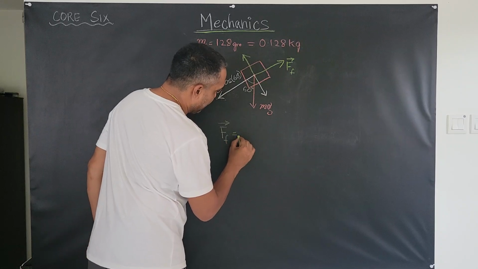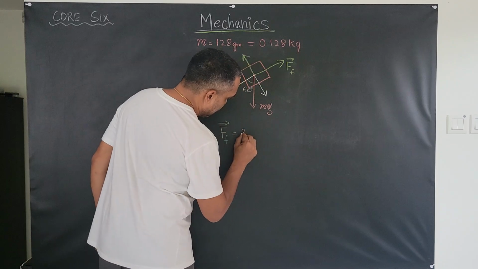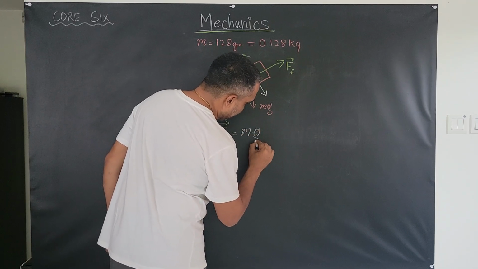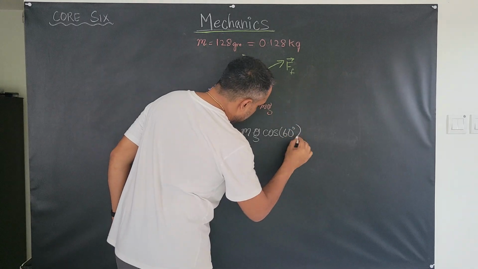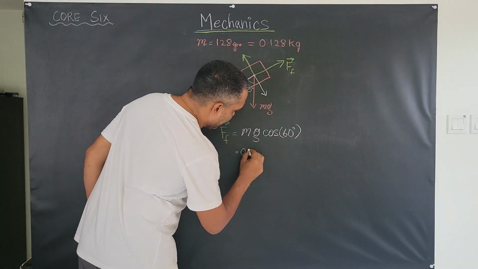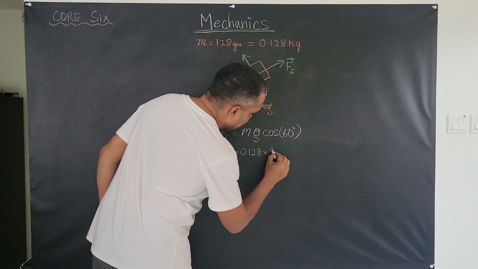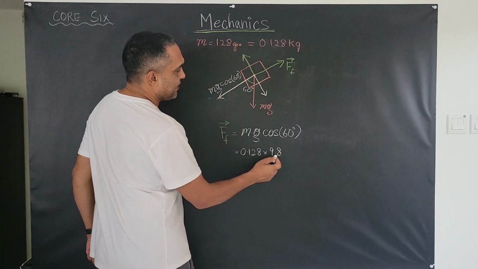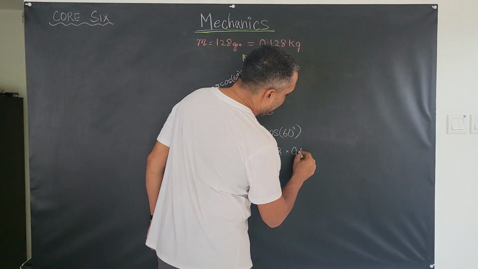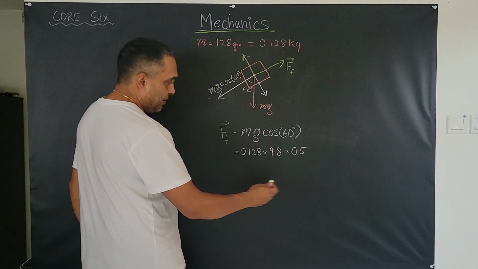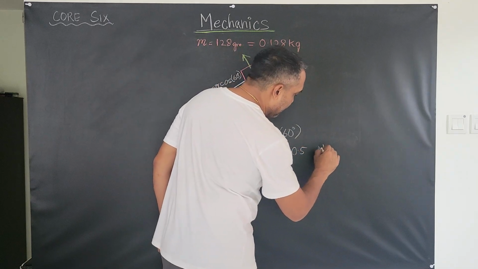So you would say force of friction is equal to, and I'm just going to switch to... and if you put in all the values here, it's 1.028 times 9.8. This is kilograms, this is meters per second. Cosine of 60 is just 0.5, and that would be kilogram meters per second square, or for force in newtons, right?